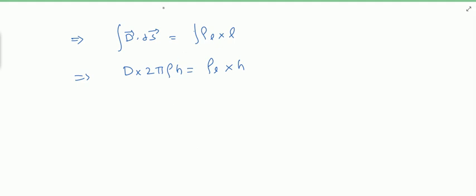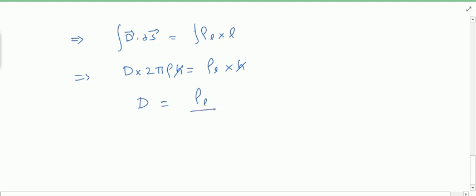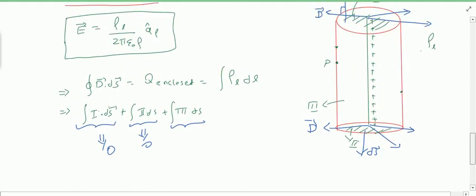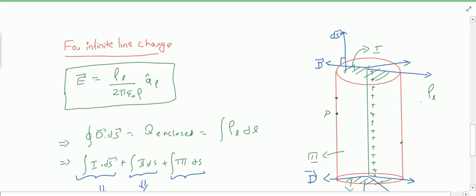Here this h on both sides gets cancelled. What you get as D is rho l by 2 pi rho. If I write it in vector form, it will be a rho cap. You know that on the curved surface the direction of D will be in the a rho cap direction only, right?